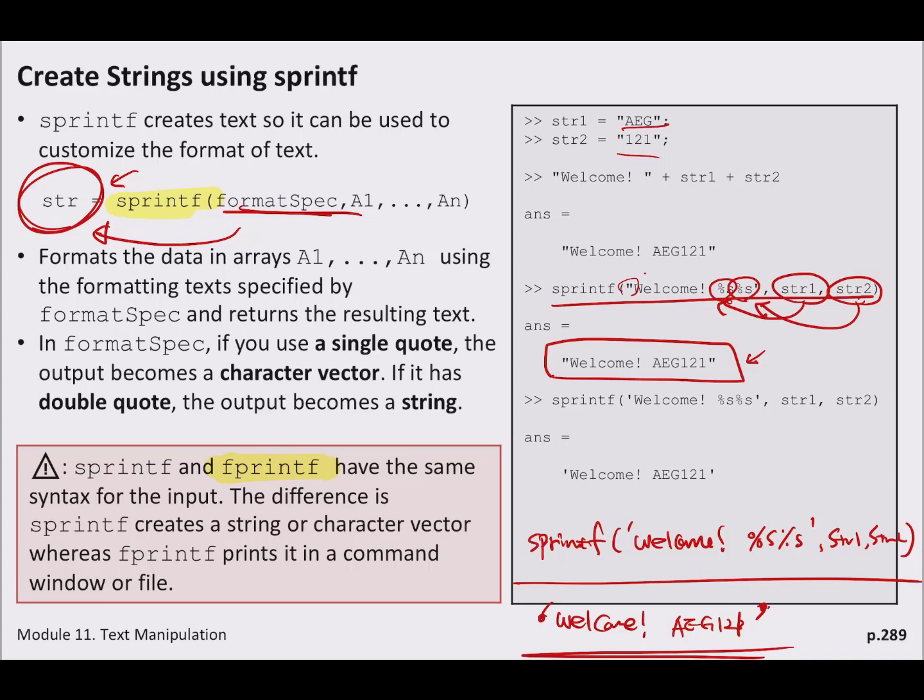So the plus operator in this example does the same work, but sprintf is sometimes useful when you print out a numeric result. Let's say if you use %d, you can print out the integer, converting the integer or the real numeric value to a string.